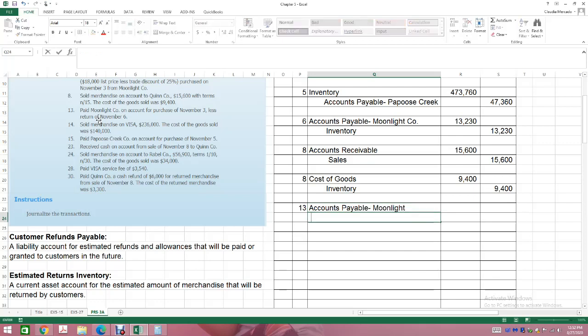It says that you are paying, so if you're paying, your cash is going to decrease. So your cash goes down, and the amount we calculated was $49,245.